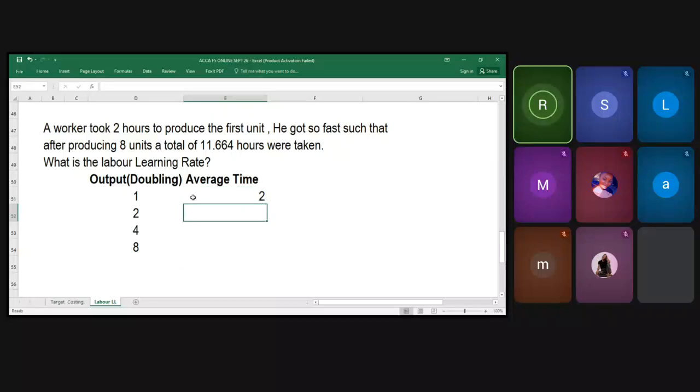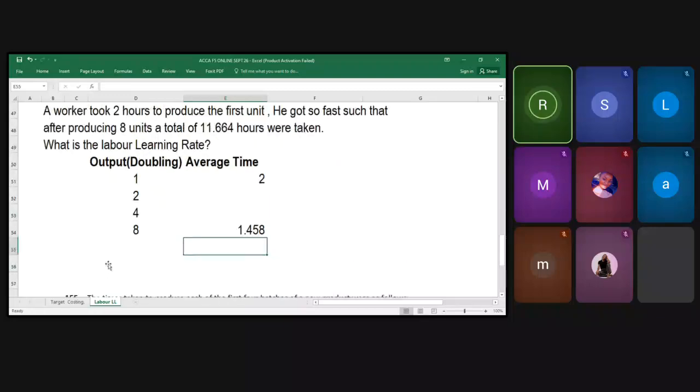And then for the second one, I do not have. For the fourth one, I do not have. For the eighth one, I have a total. So to get the average, it is the total of 11.664 divided by the number of units, which are 8. I get 1.458.